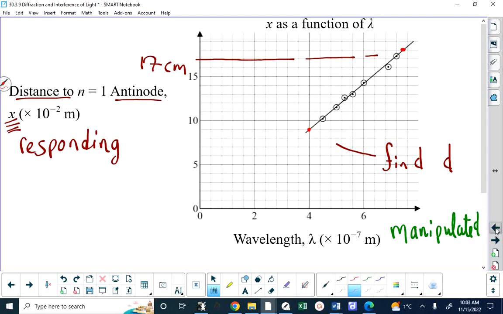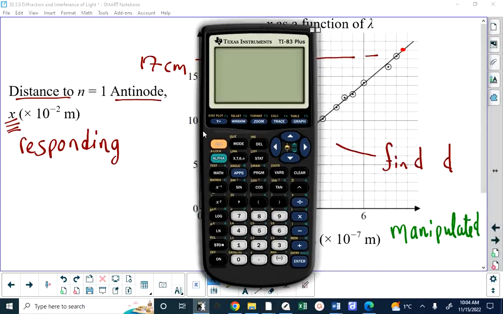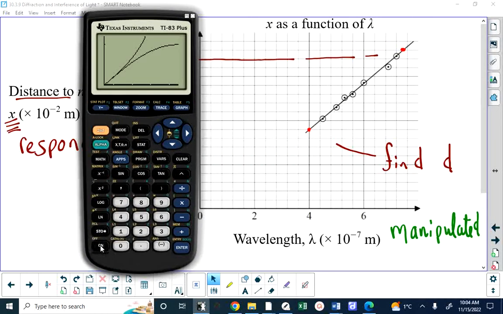But there's a more efficient way to do that. And that's to go to stat edit and enter in those two data points. Now I have some data in here already, so I'm going to get rid of it by going to my memory management menu and clearing all lists. Stat edit.